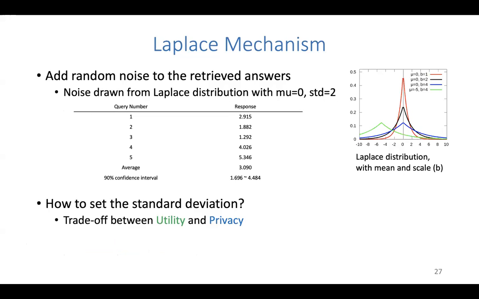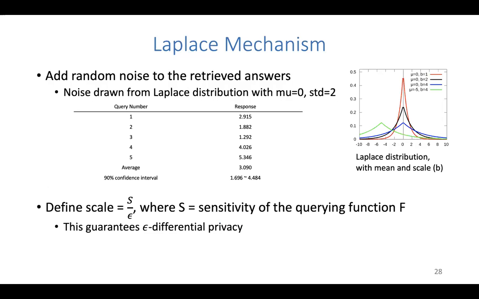But the problem is then there's zero utility in doing the analysis, because the true value would be masked by the sheer strength of the noise. There's nothing you can gain, no insight to be gained from the analysis. So there's a trade-off between utility and privacy. You want to set the standard deviation to a value that strikes a really good balance between the two.